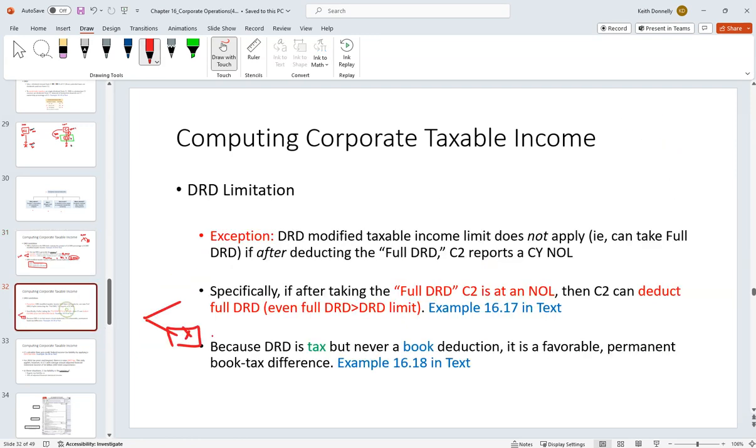If you ran the numbers, and you can look at this in 17, if subtracting the full DRD puts you at an NOL, then you can still deduct it. It might not make sense verbally, but if you look at 17 there, you can see it. But don't get bogged down in this exception to the exception. I'm more concerned with the basics, the blocking, the tackling.